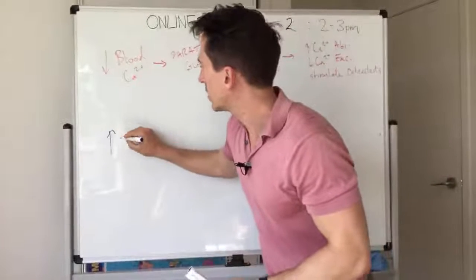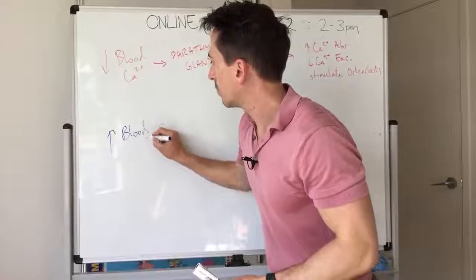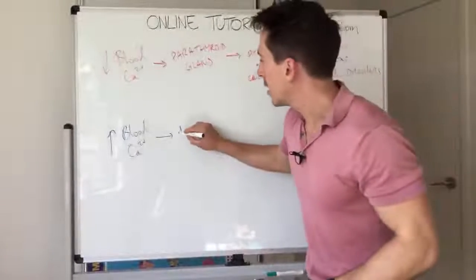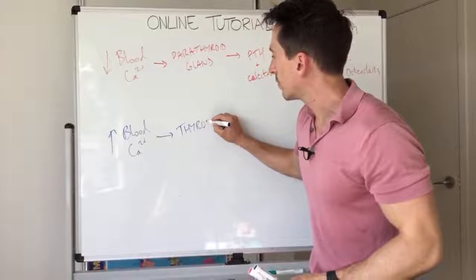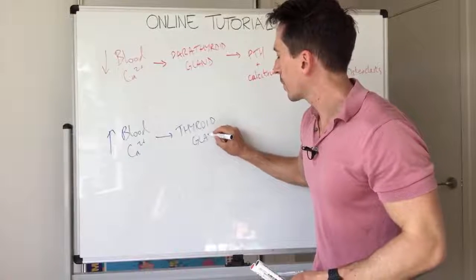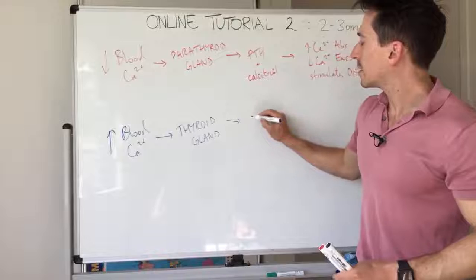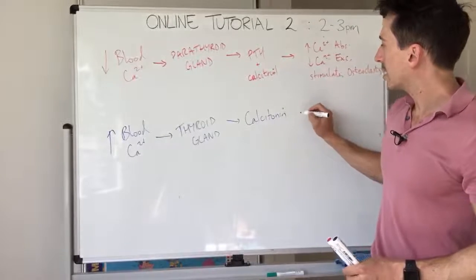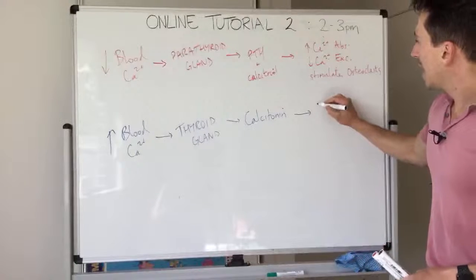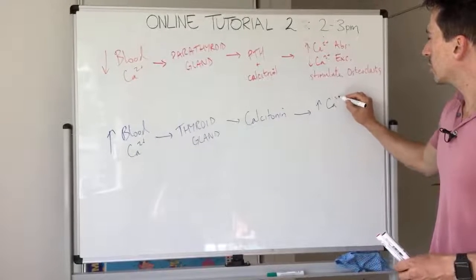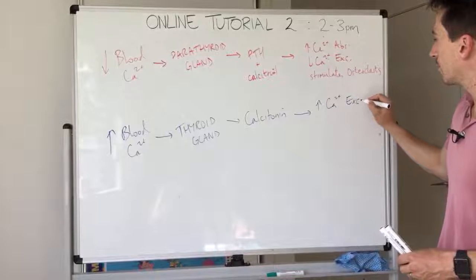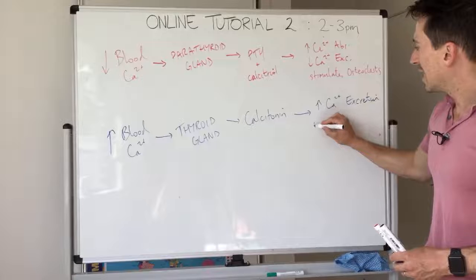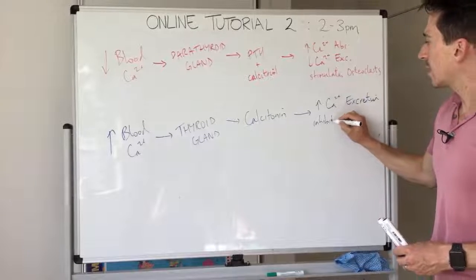So you have an increase in blood calcium. Well, this stimulates not the parathyroid gland, but the thyroid gland, which stimulates calcitonin. And calcitonin increases calcium excretion, so we pee out more calcium, and inhibits osteoclasts.